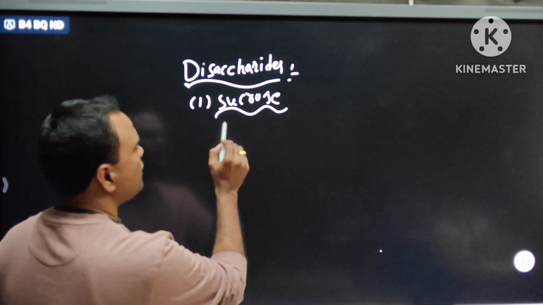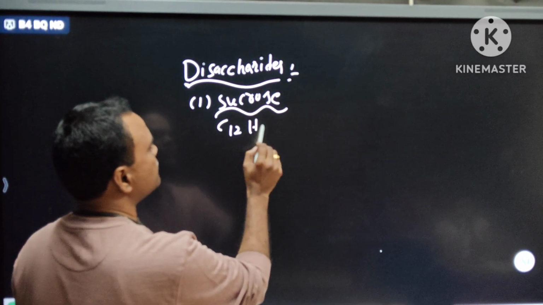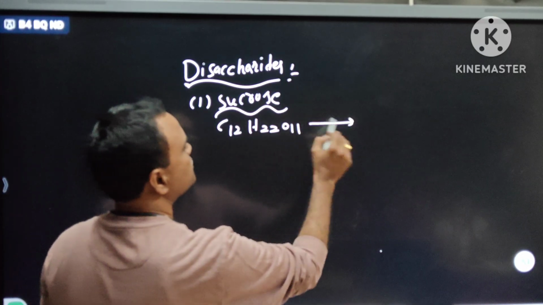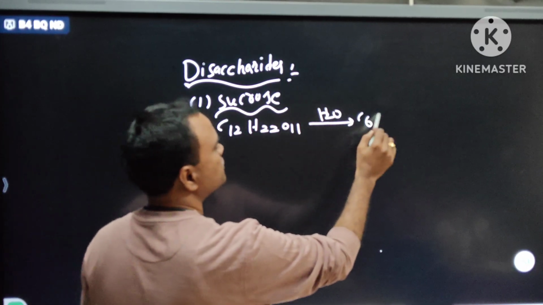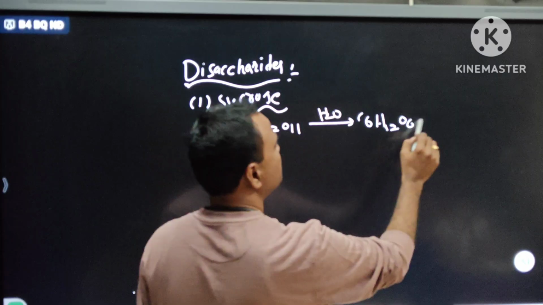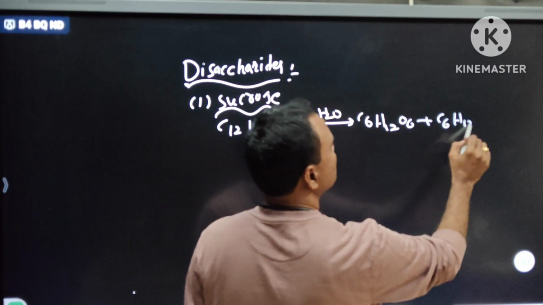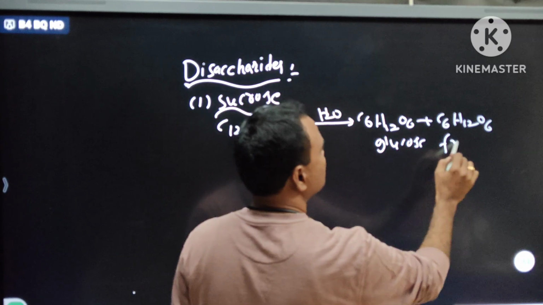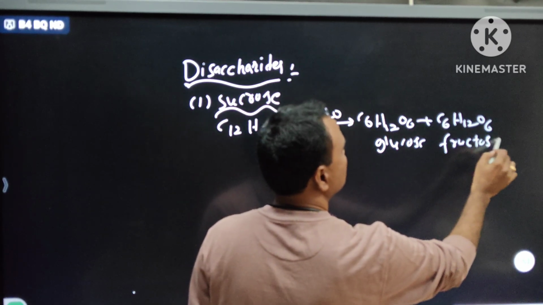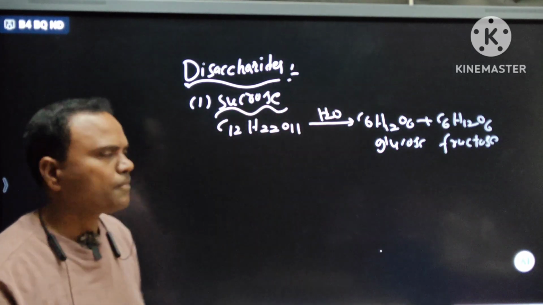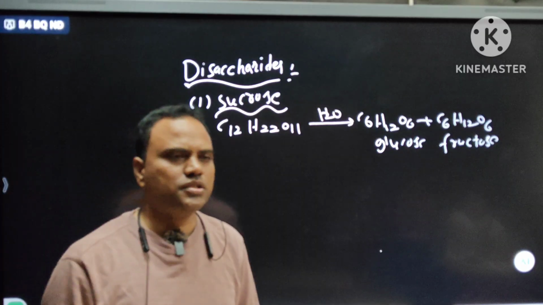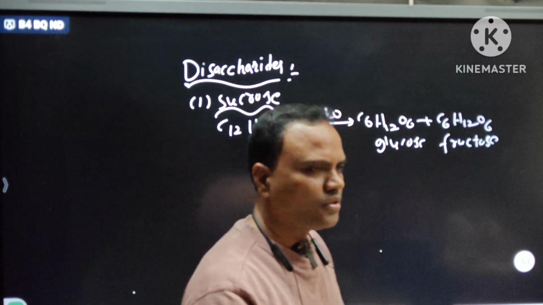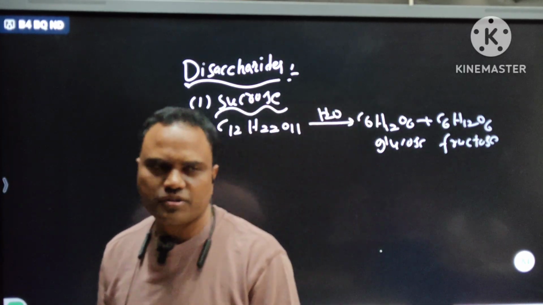What is the formula? C12H22O11. When it is dissolved in water, what will we get? C6H12O6 plus C6H12O6. One is glucose and one is fructose. Let us see sucrose properties. Is sucrose a reducing sugar or non-reducing sugar?